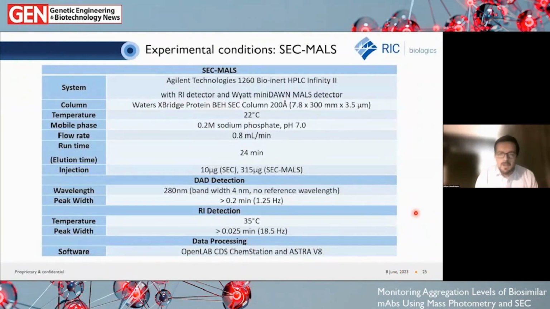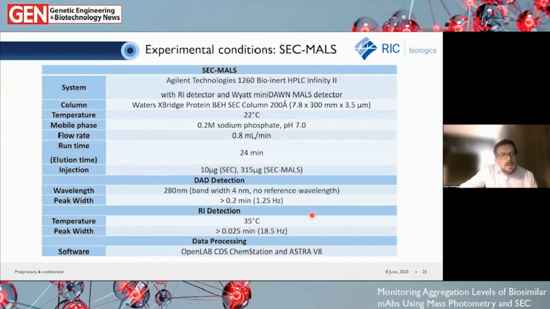I'll flash this up very briefly because this is the setup that RIC used to look at a series of biosimilar samples and the original reference product Herceptin. For the SEC-MALS, they had a multi-component system with parts from Agilent Technologies and also Wyatt, and they used a SEC column from Waters.